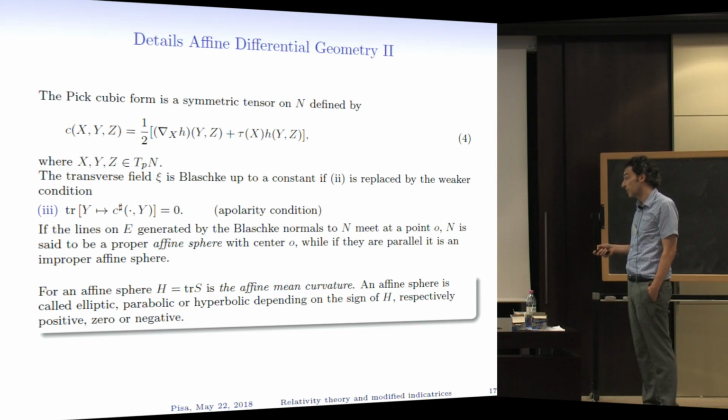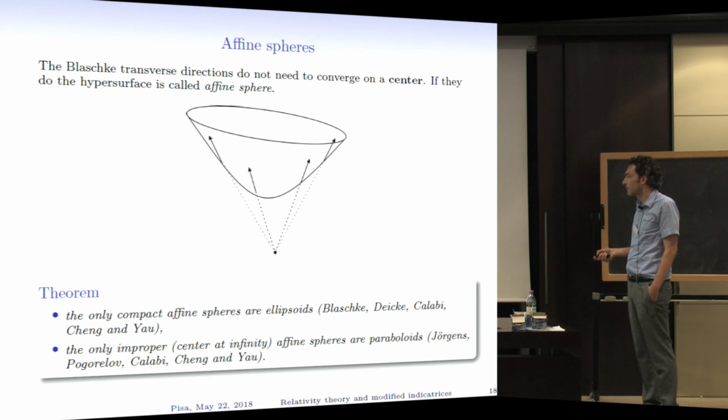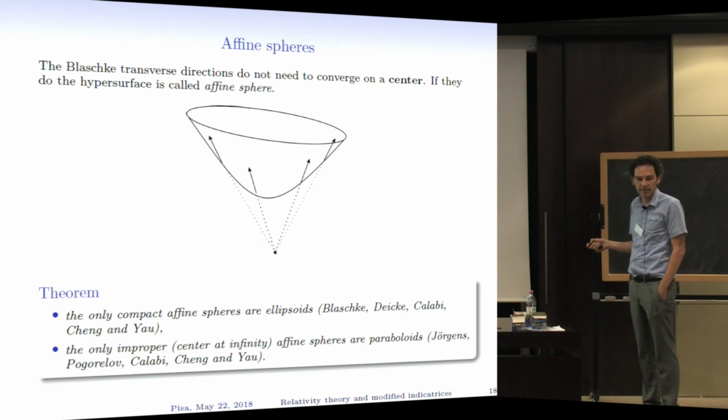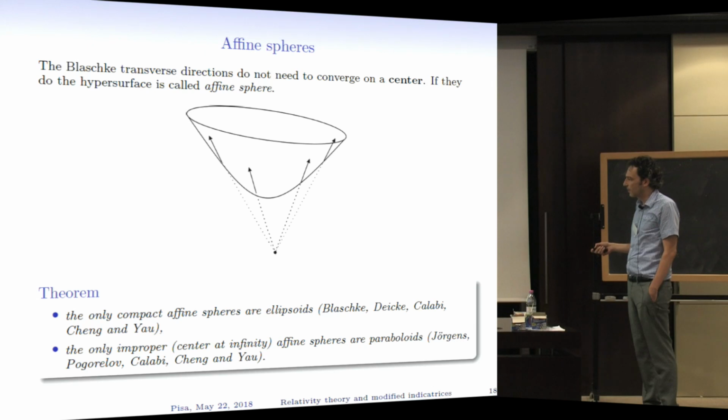The affine sphere is elliptic, parabolic, or hyperbolic depending on the sign of H, positive, 0, or negative. So this is the situation. In general, Blaschke transverses do not pass through a point. If they do, you have an affine sphere. Now, the only compact affine spheres are ellipsoids. And the only improper, centered at infinity, affine spheres are paraboloids.